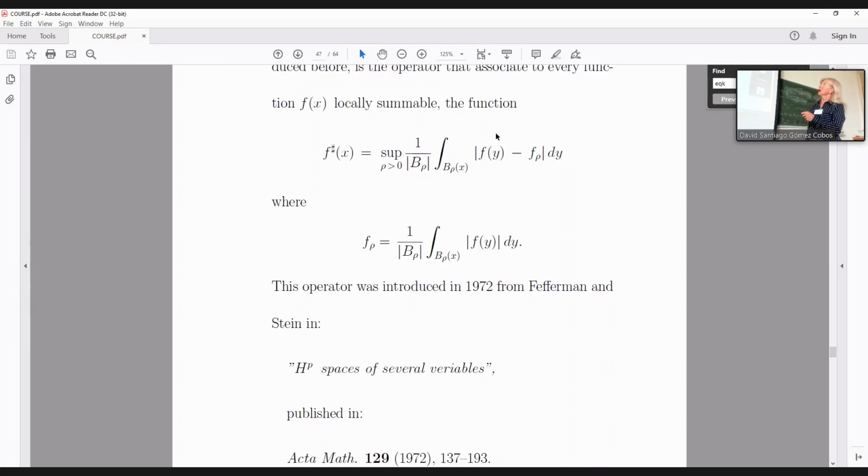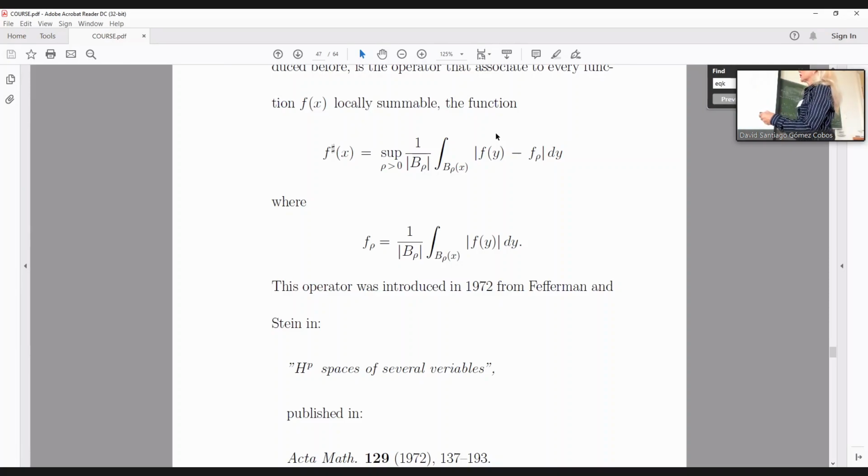If we do not consider f rho, we have simply f in L1 in the set B rho. So the presence of minus f rho defines the sharp function. We recall this later as f sharp.